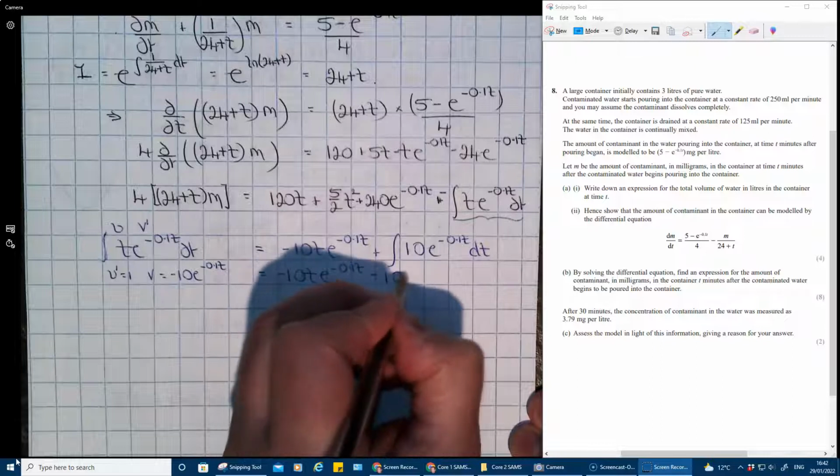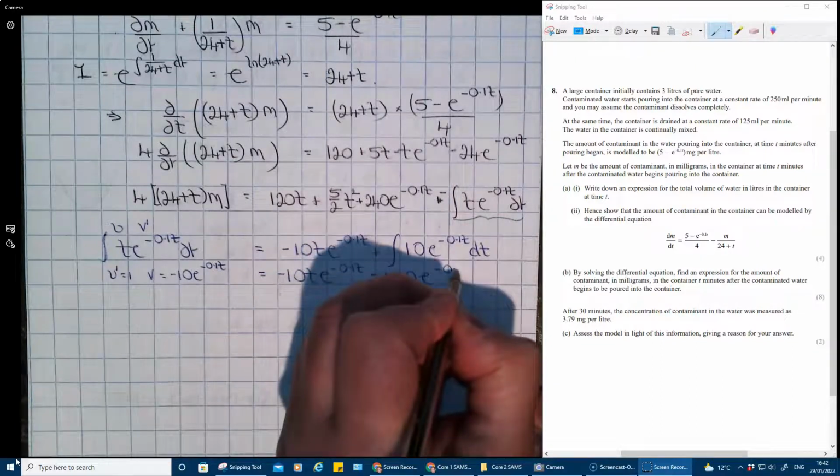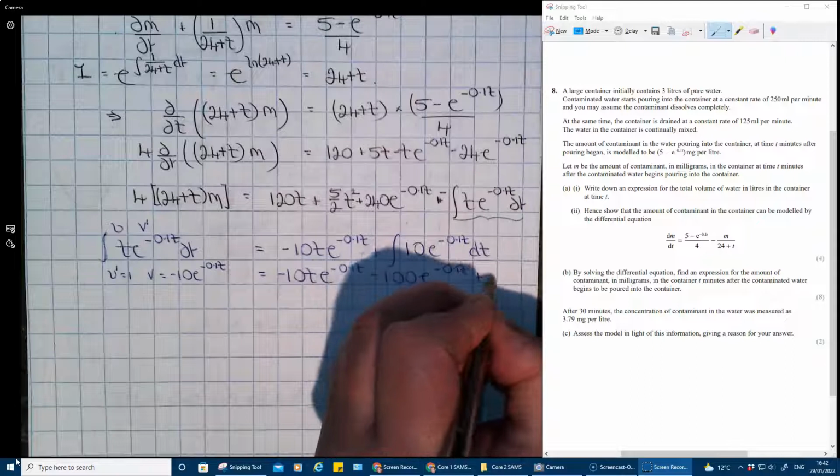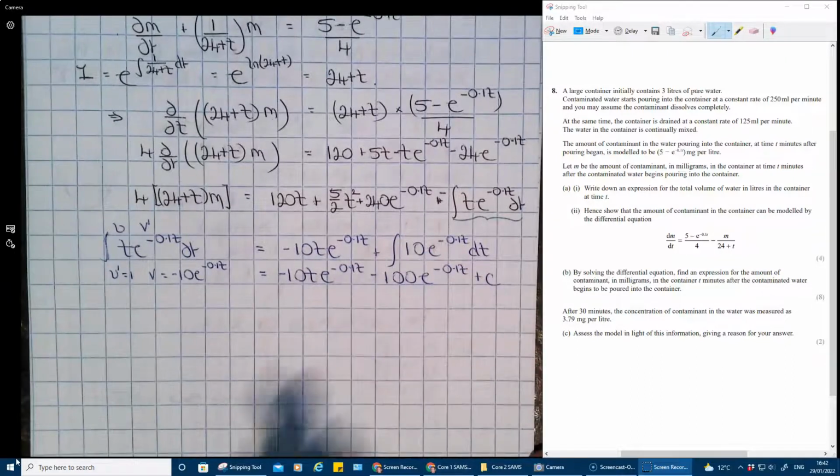Take away 100. Don't forget, you must include that c before we do any manipulation at the end.